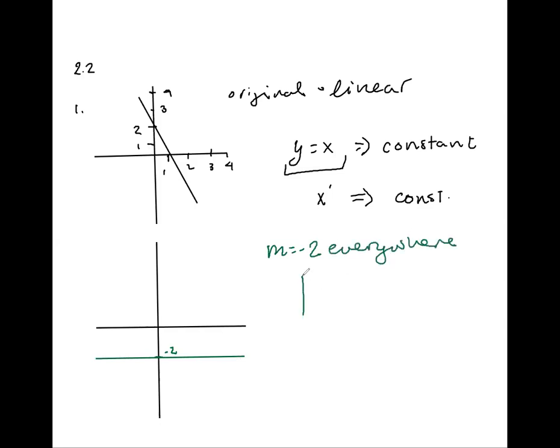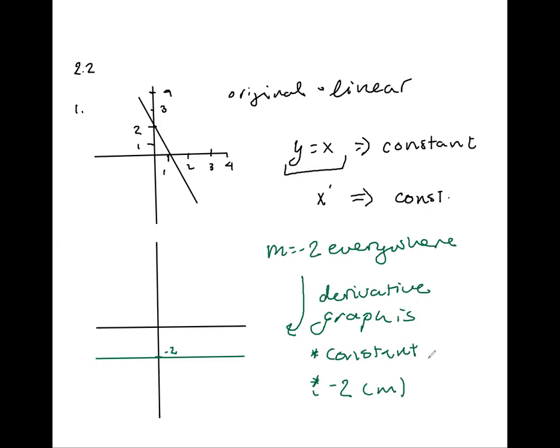So the derivative graph is constant, and it's a constant -2, which is the slope.